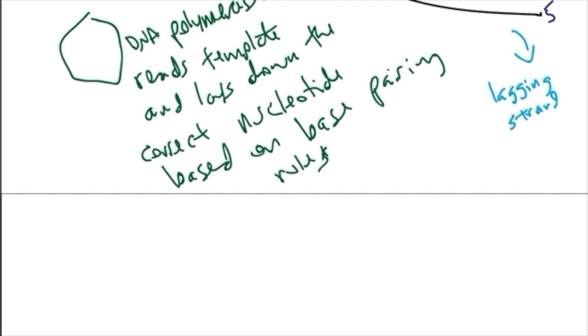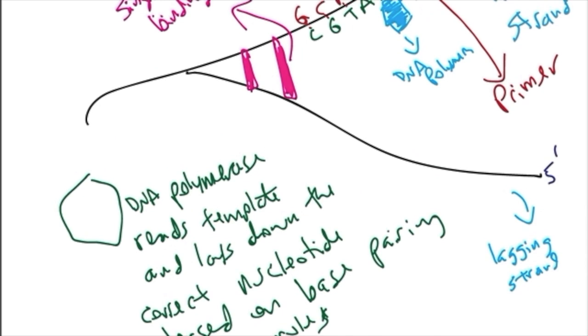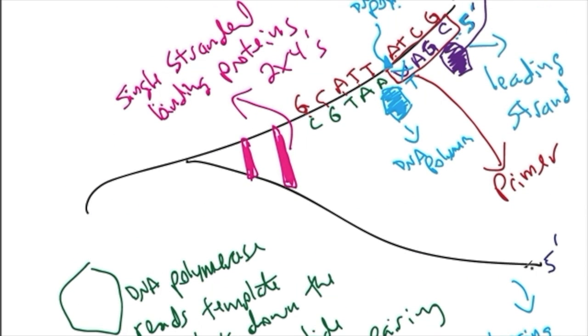So what's happening is over here, since it can't read 5 to 3, it can only read 3 to 5.